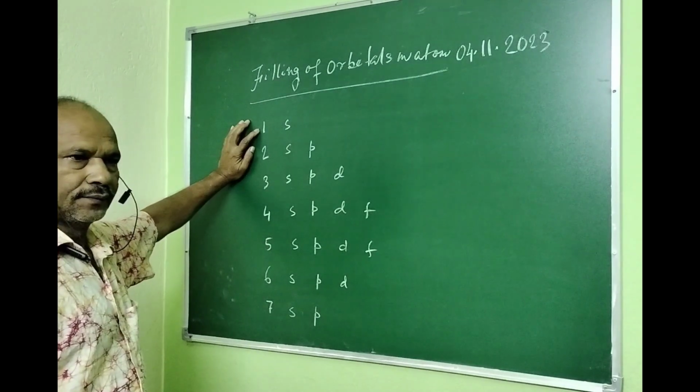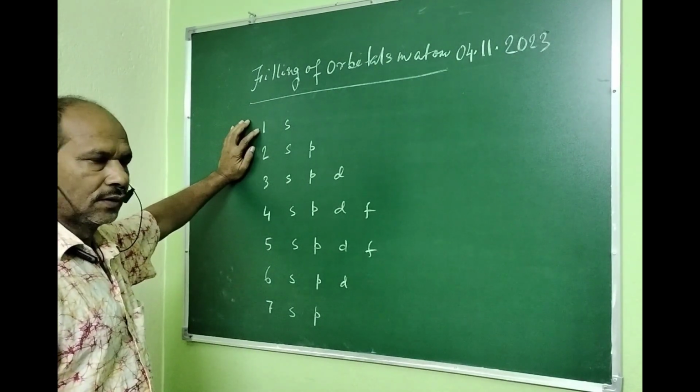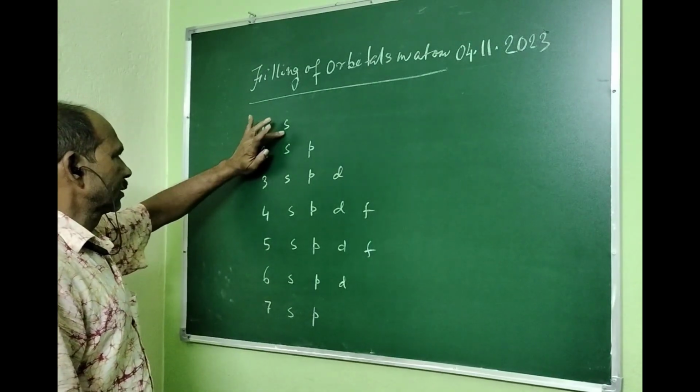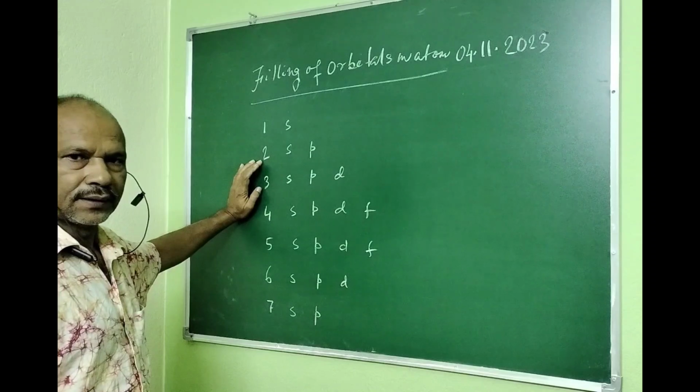The first shell has only the s orbital or s subshell. The second shell has two subshells, s and p.